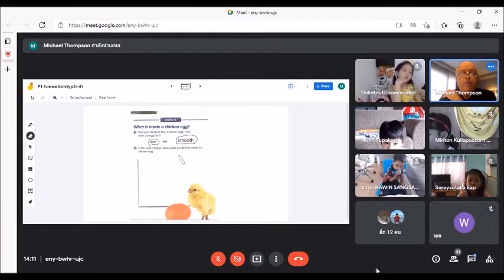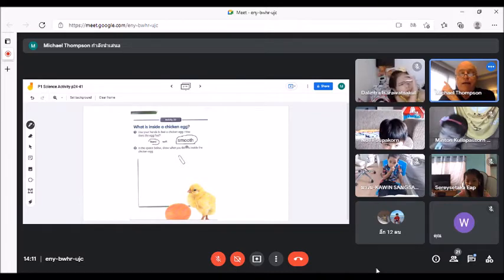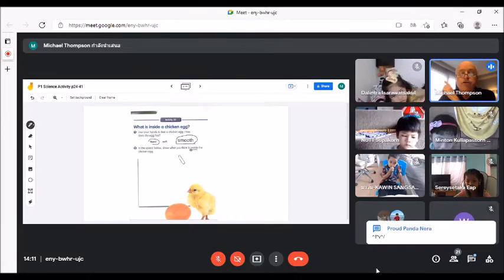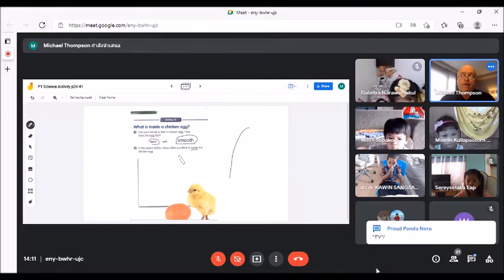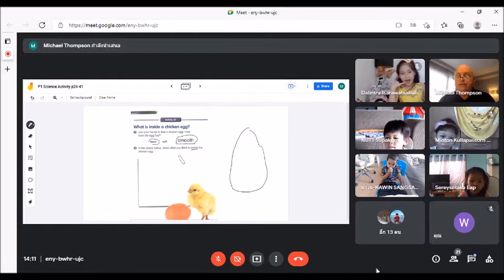All right. So what you're going to do here is you're going to draw what you think is inside a chicken egg. So you're going to draw an egg. I'll put an egg up here. Okay, I'll do a big one. And what does this egg look like inside?